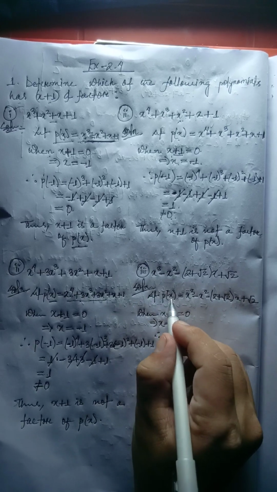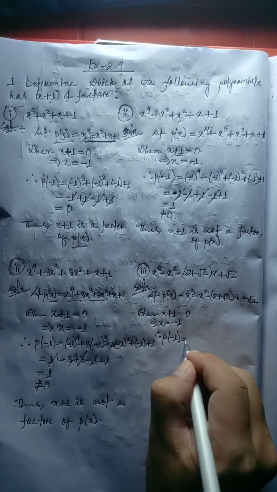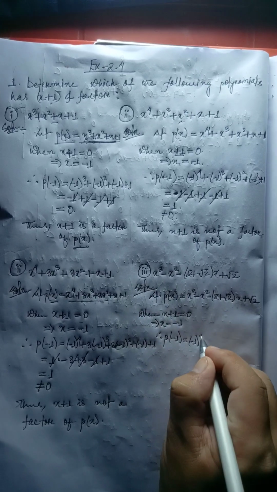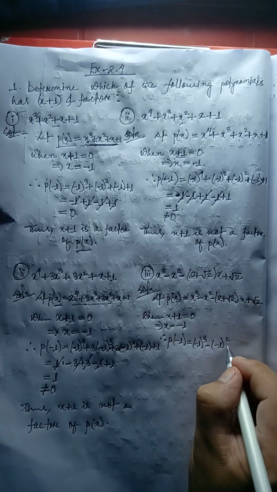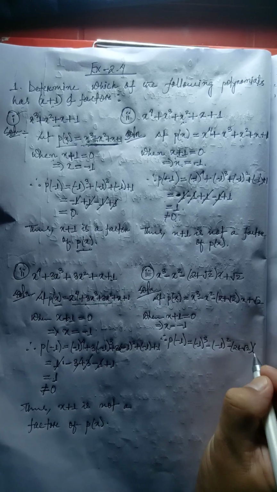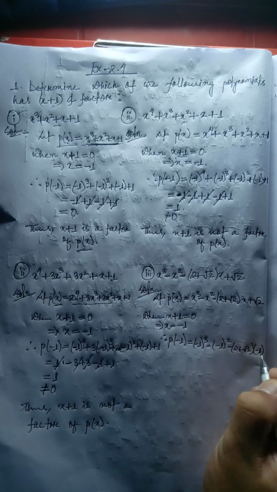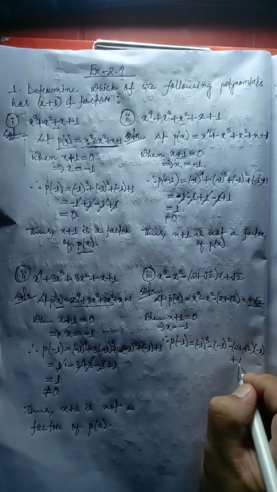Just put the value of x in each of these. After that it will be minus 1 cubed and minus 1 squared, 2 plus root 2. And what is the value of x that we have? It is minus 1. And what is this? Root 2. Let us write here.